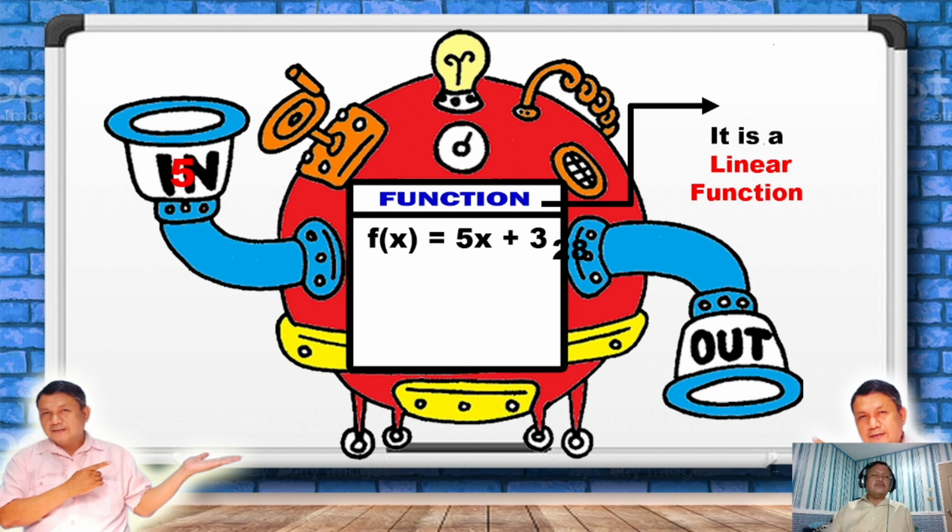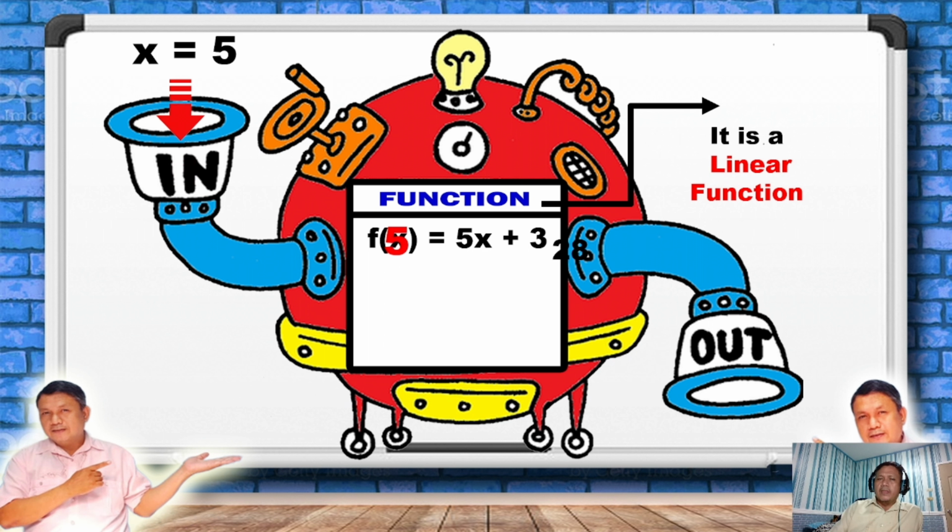Now, for this function, let us try to use that if x is equal to 5. So what we're going to do, this x will become our input. Okay, so yan yung ipapasok natin sa ating function machine. Okay, so yung 5, yan yung dadalhin natin at ipapalit ka na x.